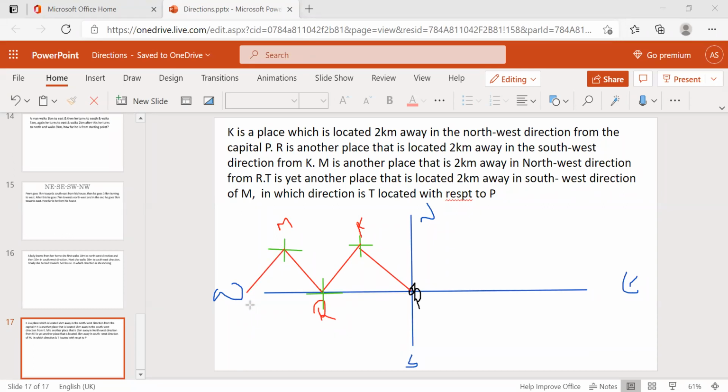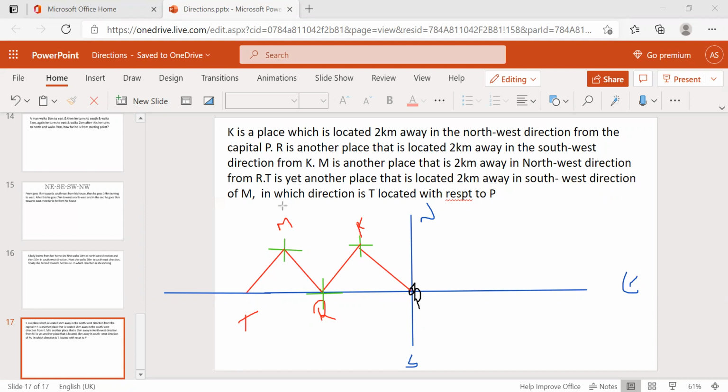This is T. Okay, clear? Now see, what is the question asking here?